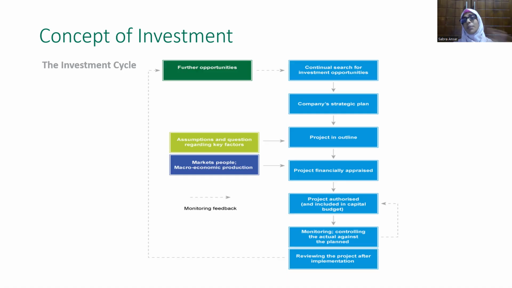So we will be looking for different investment opportunities. If the company has enough cash to invest in something, they will look into different investment opportunities, list them down and see, right, this extra money we have, where do we invest it? Which method would generate more income, which would have a bigger income?